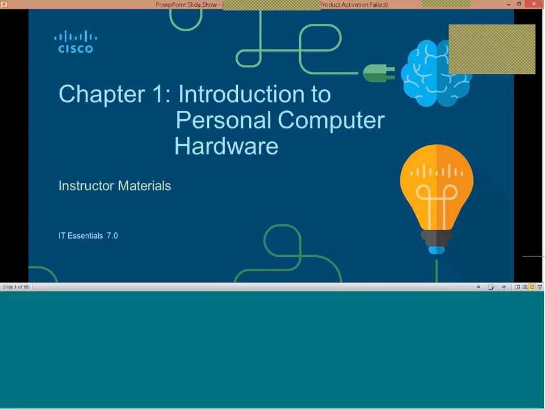Before we start the section, I would like to give us a rundown. We have about 14 chapters in this particular course, which is the IT Essentials. After every chapter, I'm going to activate the assessment so that we can get the assessment done.